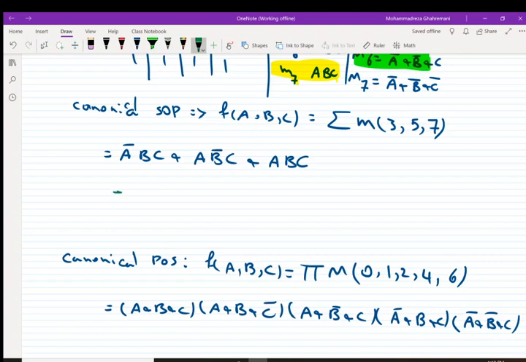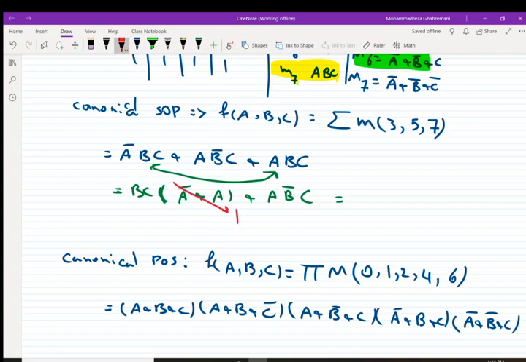So let's simply factor out b and bc from the first term and second term. We factor out bc, so we will have a bar plus a, plus a b bar c, where a plus a bar is 1.